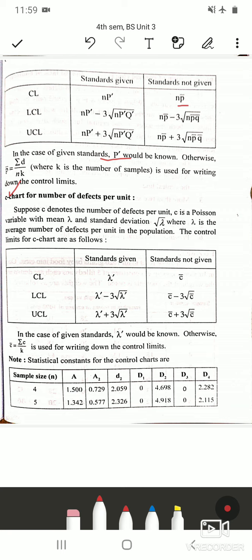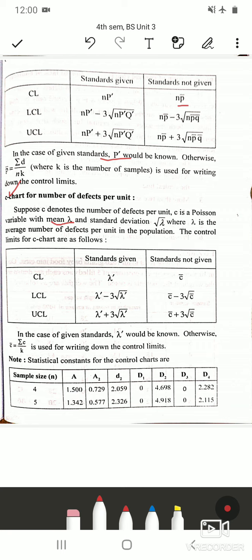We know for a Poisson distribution the mean is lambda, the variance is also lambda, hence the standard deviation will be square root of lambda, where lambda is the average number of defects per unit in the population. What is lambda? It is the parameter of the Poisson distribution. And what is the mean for a Poisson distribution? It is again lambda. So we can say lambda is the average number. Mean is nothing but average, right? So it is the average number of defects per unit in the population.